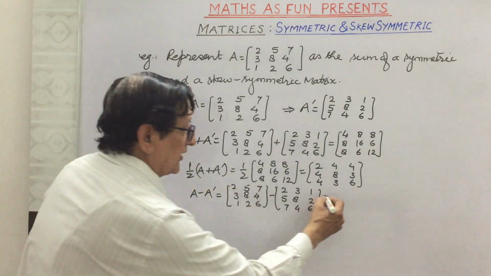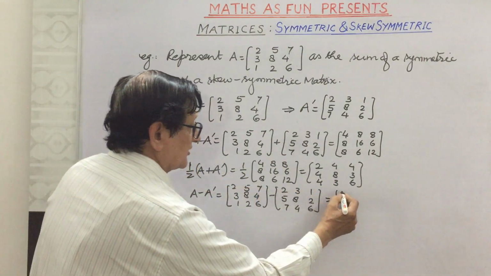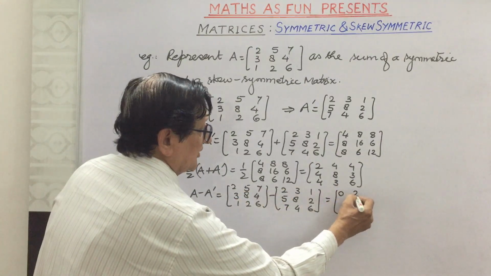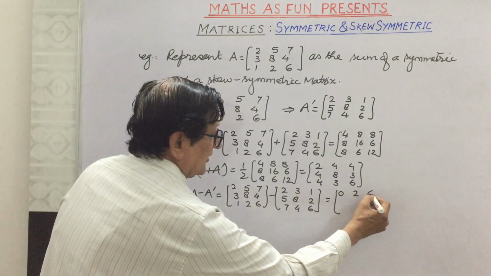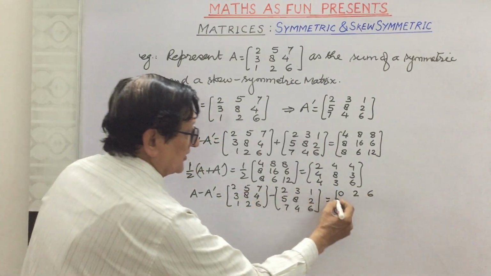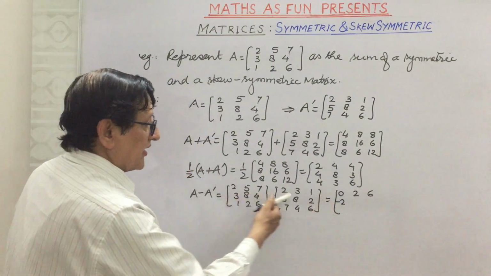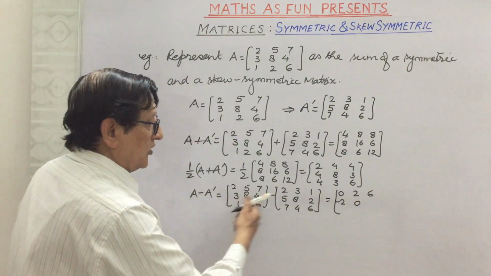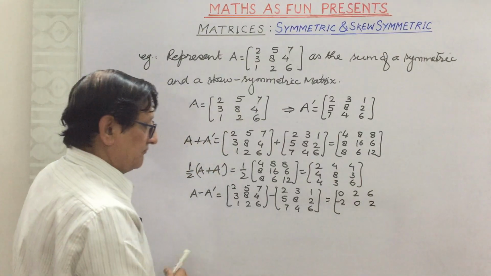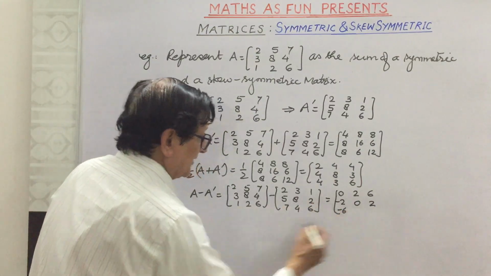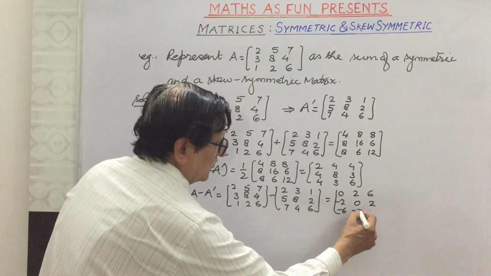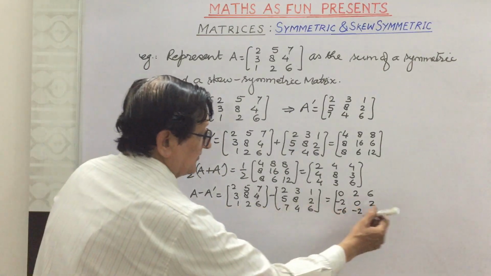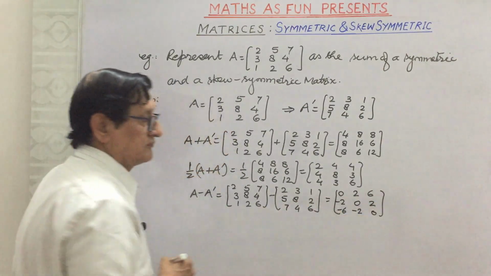Subtract the corresponding elements, we get 2 minus 2, 0, 5 minus 3, 2, 7 minus 1, 6. 3 minus 5, minus 2, 8 minus 8, 0, 4 minus 2, 2. 1 minus 7, minus 6, 2 minus 4, minus 2, and 6 minus 6 is 0.